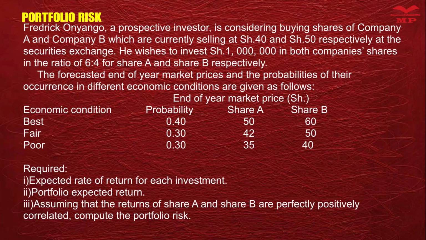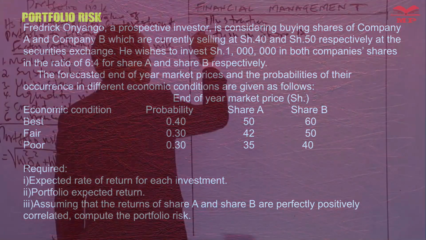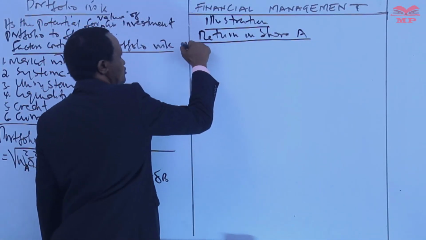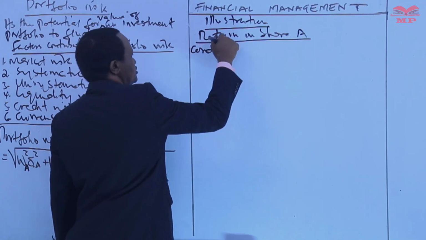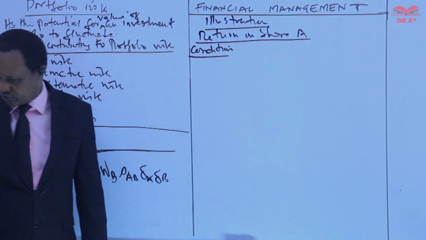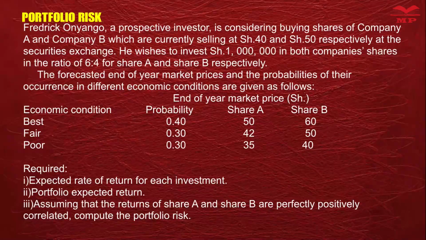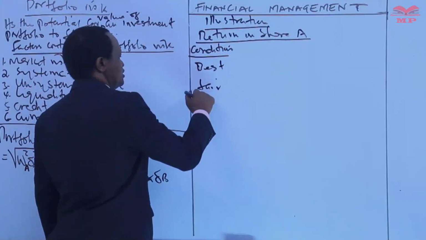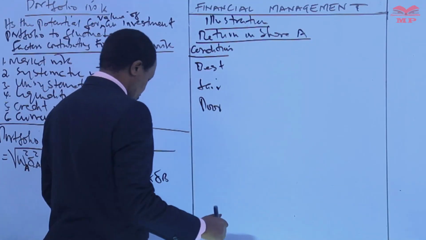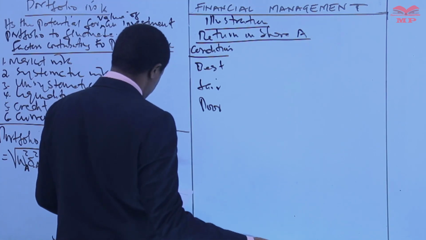So return on share A. We have the market conditions. Give me the question. Best, fair, poor. We have best, fair, and poor economic conditions.